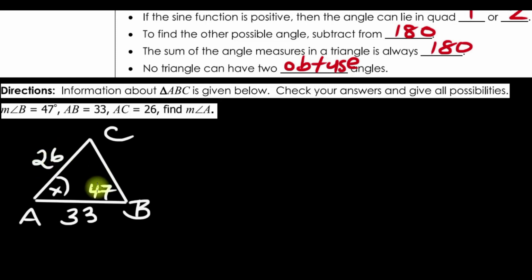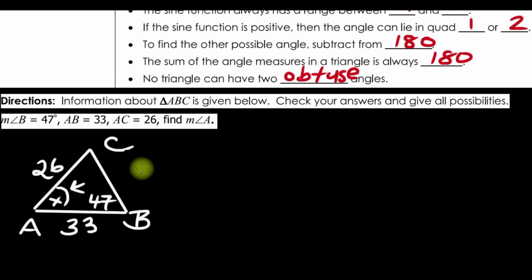Okay, so can we use the law of sine here to come up with angle A? So we have side, angle. Yeah, we can use the law of sine here to come up with angle X. So now, according to this triangle, because we do not have side BC, we're going to have to find out what angle C is because we have side AB.